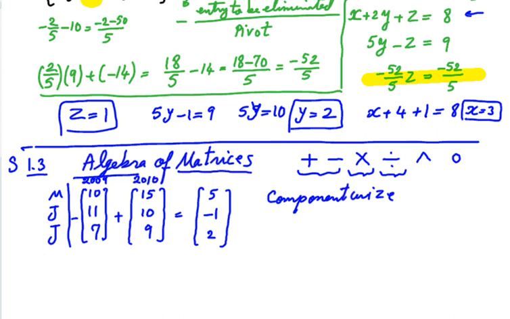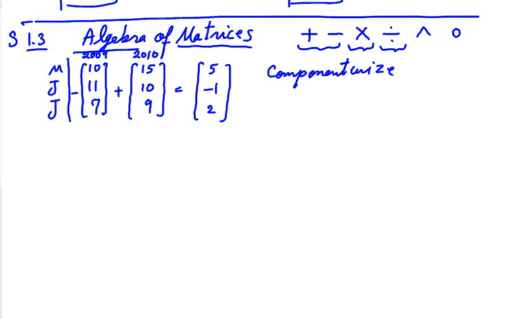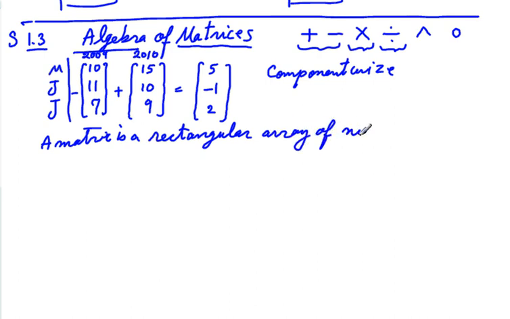Now before we go any further and talk about multiplication, let's fix our definition for what we mean by matrix and how we are going to refer to it. So a matrix is a rectangular array of numbers. Obviously it has rows and columns.